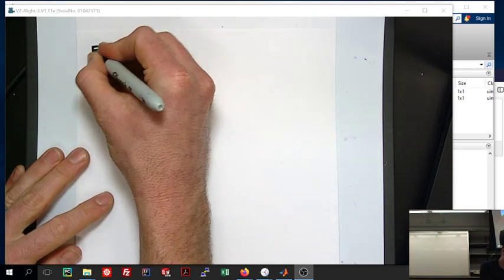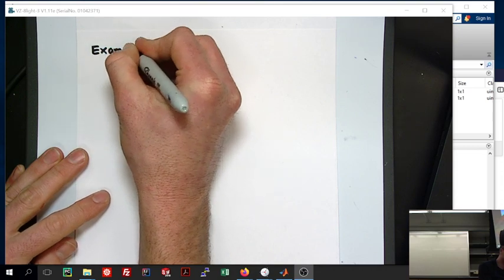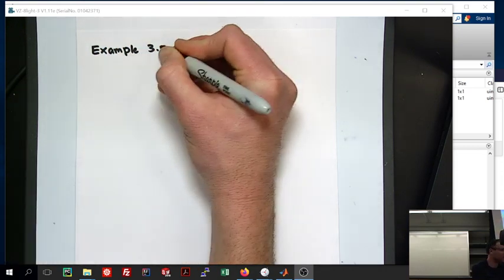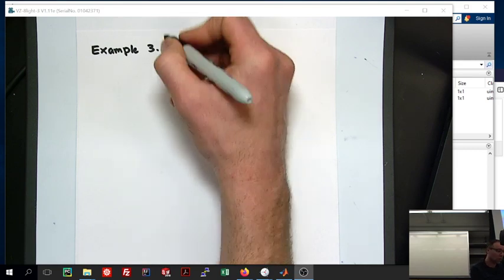I'm going to let you play with, so maybe I'll let you do this actually. See if you can, so I'll have you reconfirm what we've done in the notes. So this is going to be example 3.12.